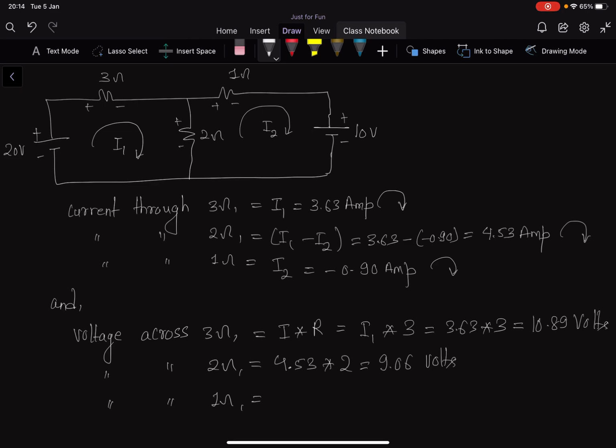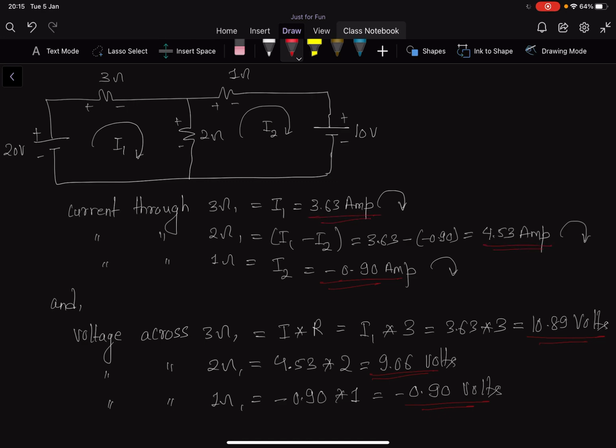And the last one is your 1 ohm resistor, and the current going through there is basically minus 0.90 times 1 ohm, and we got minus 0.90 volts. That's the voltage there. So all of this is our answer. Let me highlight that. This is our answer, and this is our answer here and here.